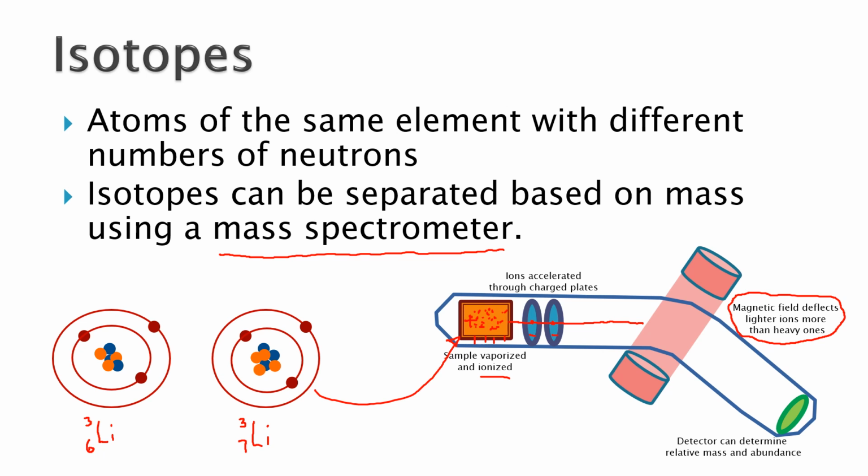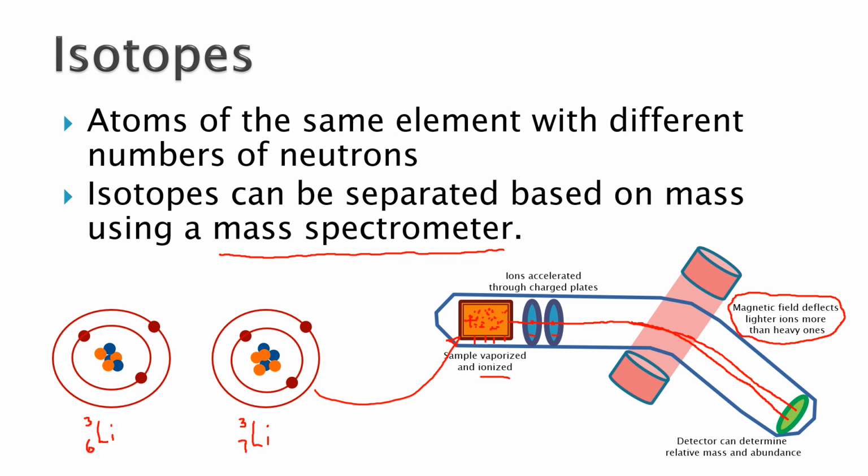And so the lighter ones will bend quite a bit as they go through this beam and hit the sensor down on the end. And the heavier ones won't deflect as much, and they'll hit somewhere over here. And so you get a way of separating the different particles based on how much they deflect as they go through that magnetic field.